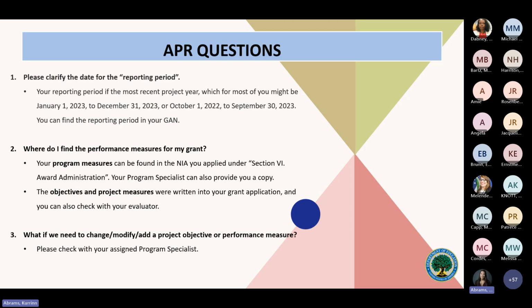If you're unsure, it should be listed on your APR, but you would also talk to your program specialist if you have any questions or concerns about what the reporting period states. You can also find your reporting periods on your grant award notification.